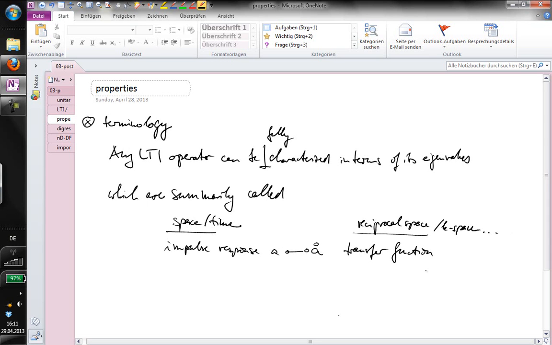In image processing in particular, you know what the impulse response is called? It's the point spread function when we talk about optical imaging.